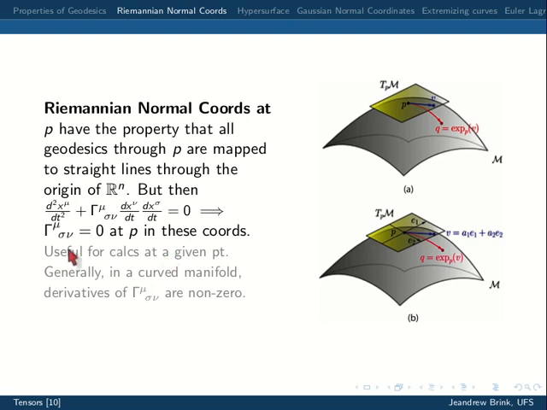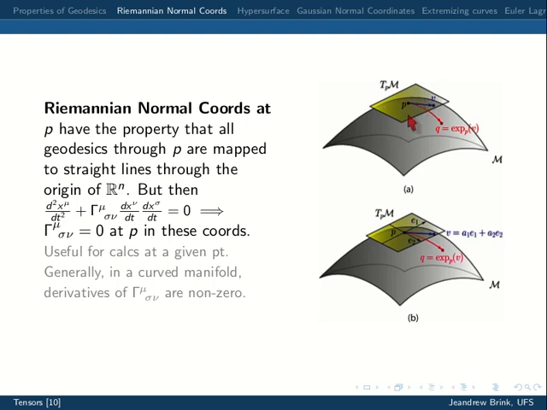This is useful for calculations because if you have calculations that occur just at one point or around one point, and they're messy, with lots of Christoffel symbols and stuff, you can say, let's transform to Riemann normal coordinates and do the calculation.